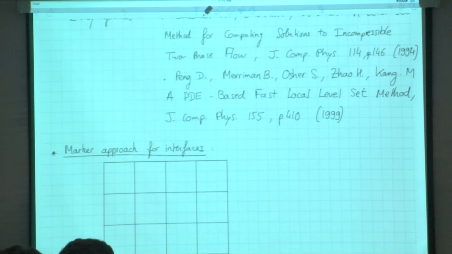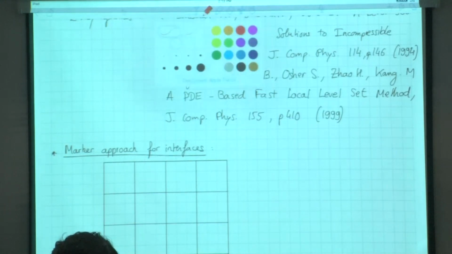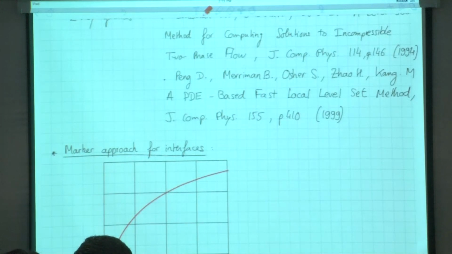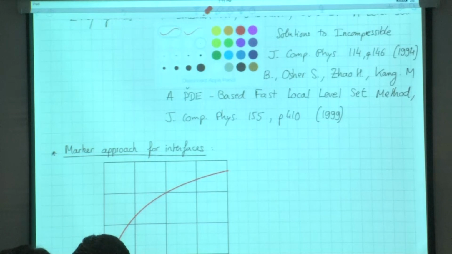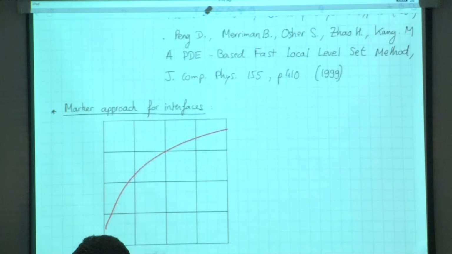And on that grid, we want to keep track and represent an interface that might look like this. This will be our X. And this will be our Y.